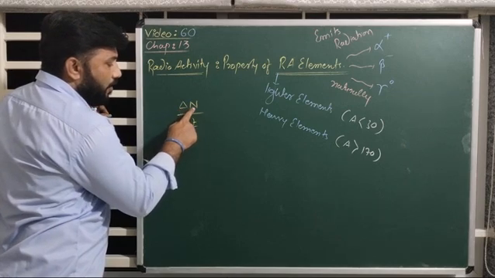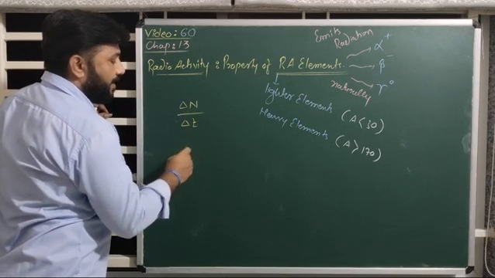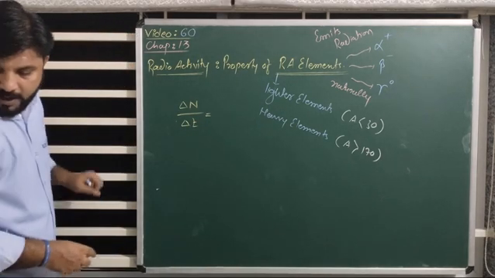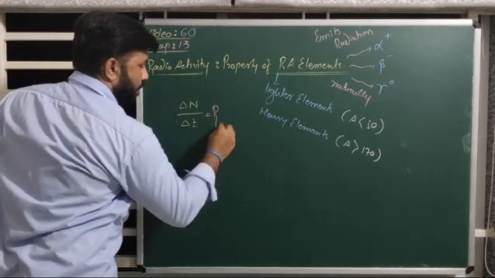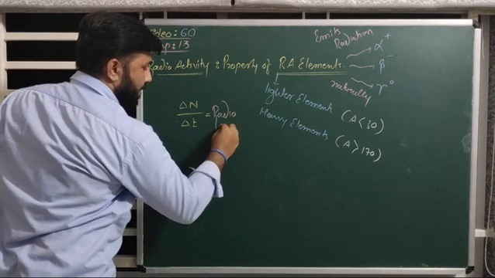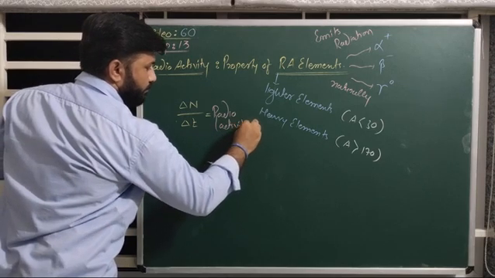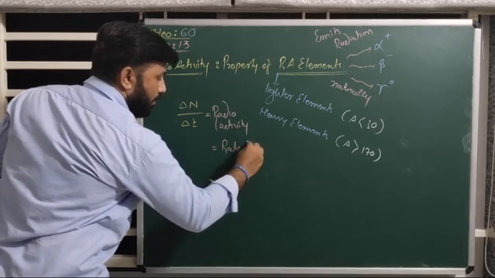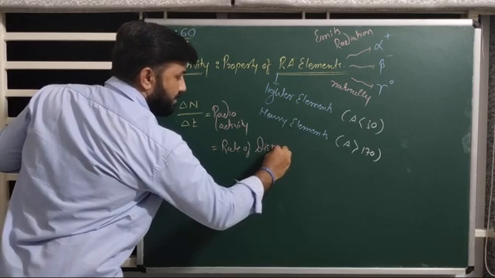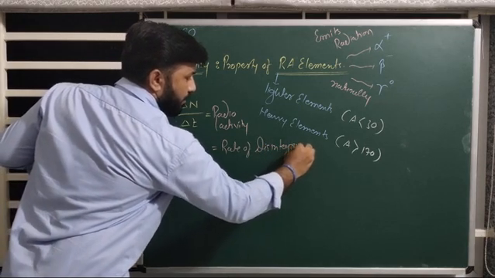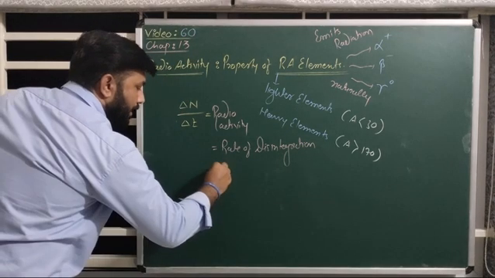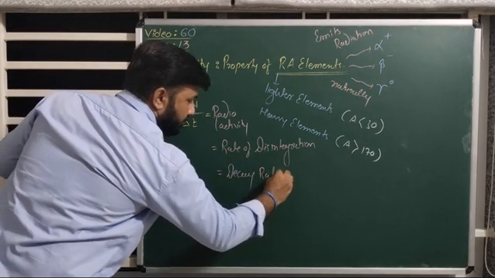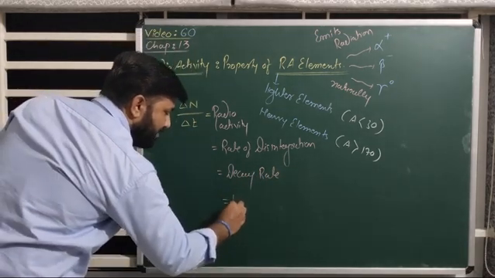The disintegration of number of nuclei per unit time is known as radioactivity, or it is also known as rate of disintegration, or it is also known as decay rate, and it has symbol R.